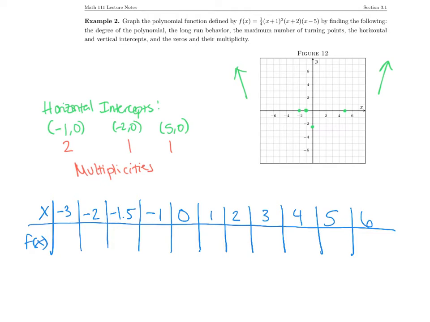Longest table ever. Okay, so what do we already know? We already know that at -2, -1, and 5, those are going to be x-intercepts, so the y value is 0. And then we know that our y-intercept is -2.5.